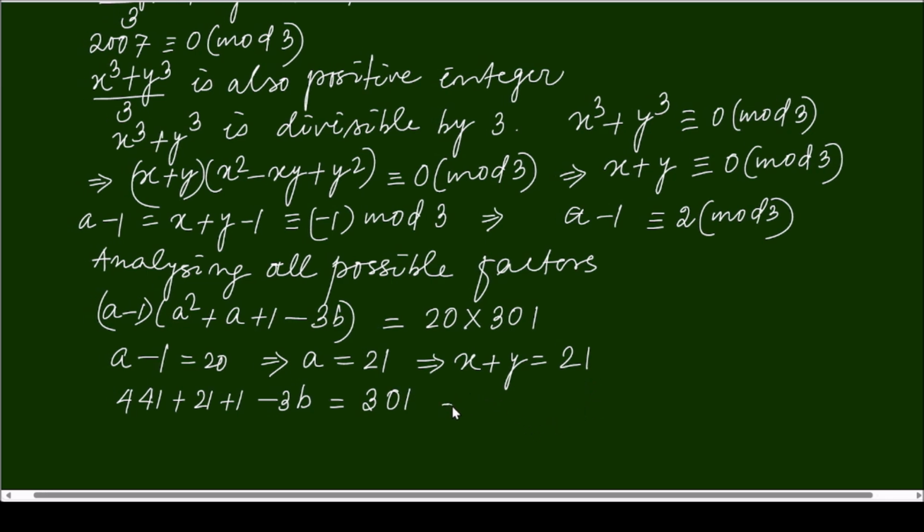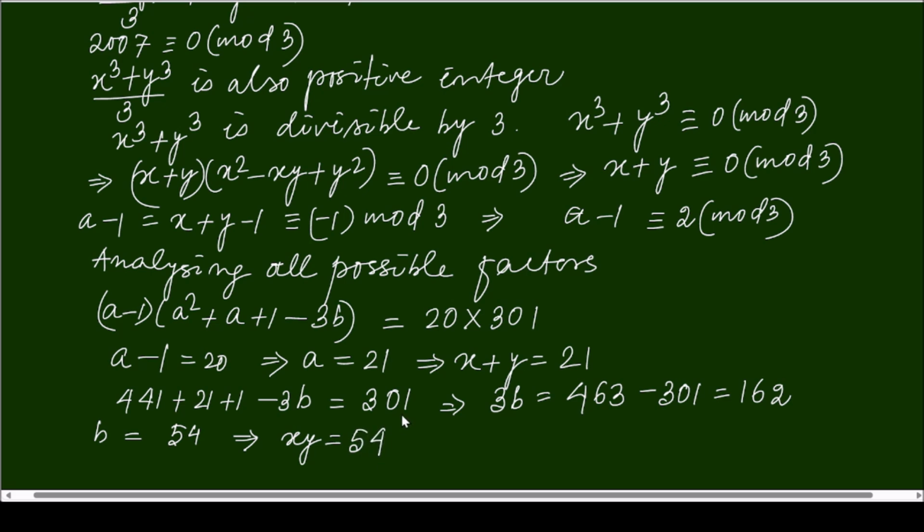So this gives us 3b equals 463 minus 301, which is 162, or b equals 162 divided by 3, so b is equal to 54. That means x into y is equal to 54.